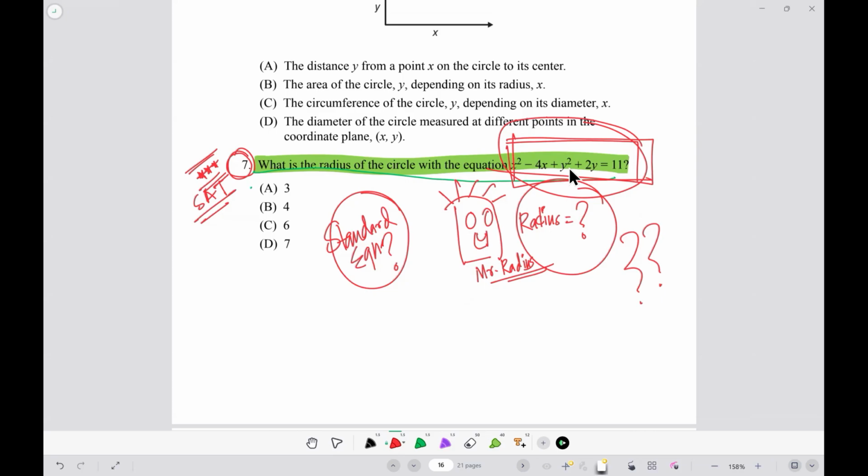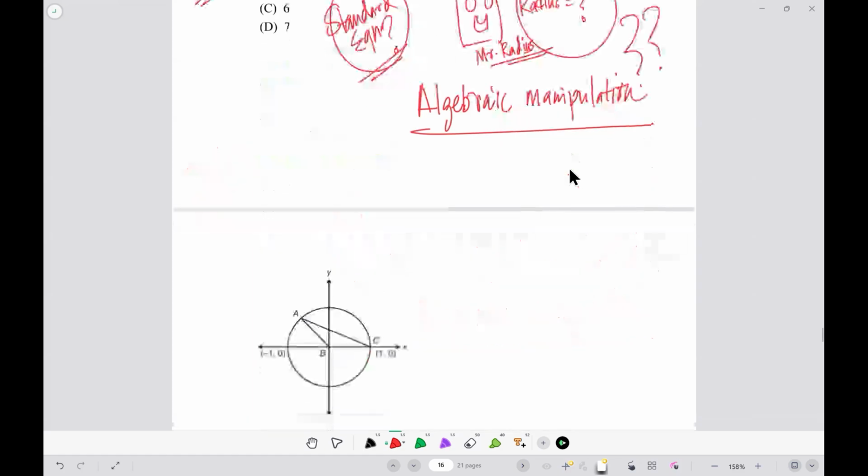We have this equation and we just need to make it look like the standard equation. Then what can we do? I'm not sure. We just need to do some algebraic manipulation.